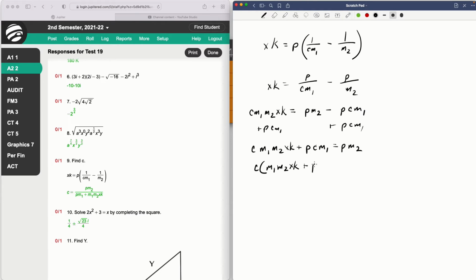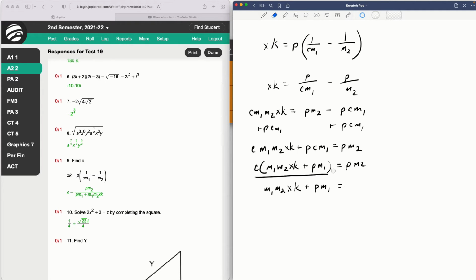We're just going to take this and divide by this factor, m1m2xk plus pm1, on both sides.